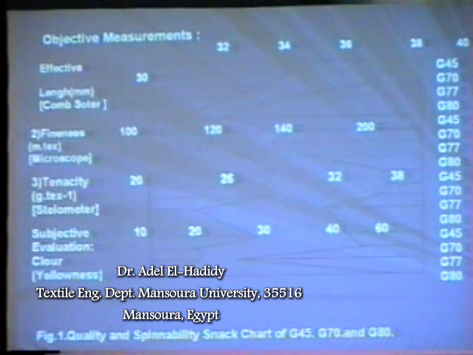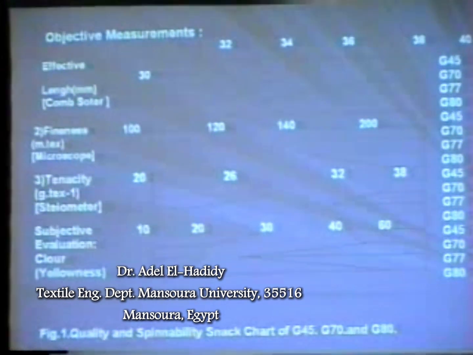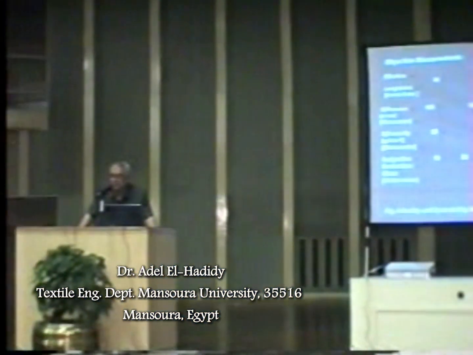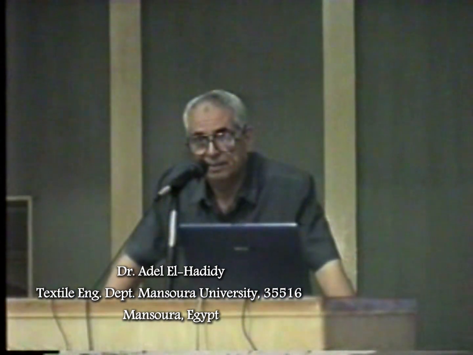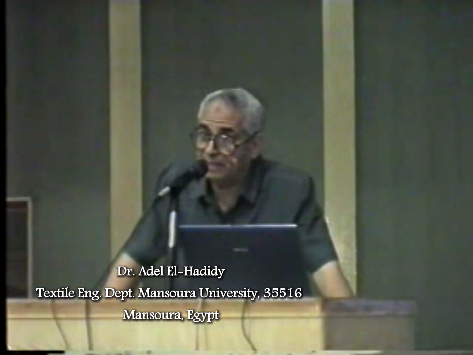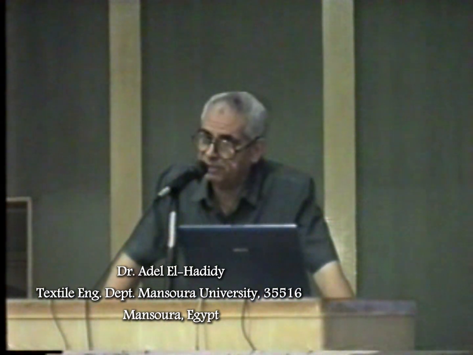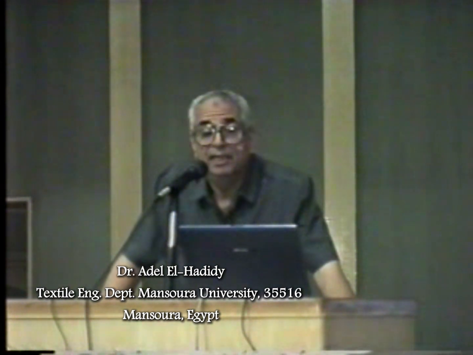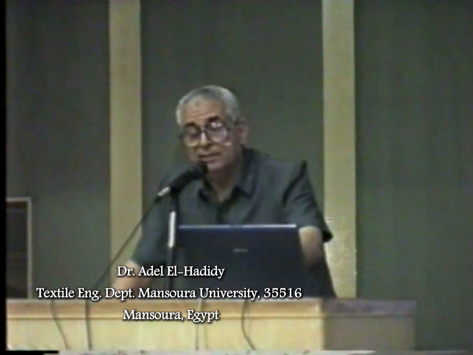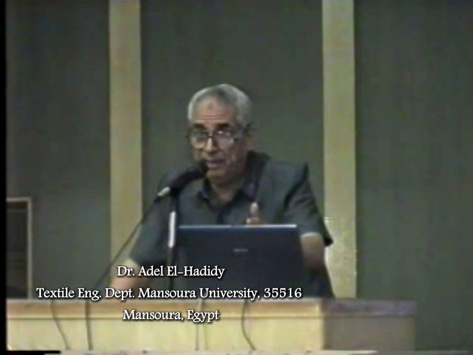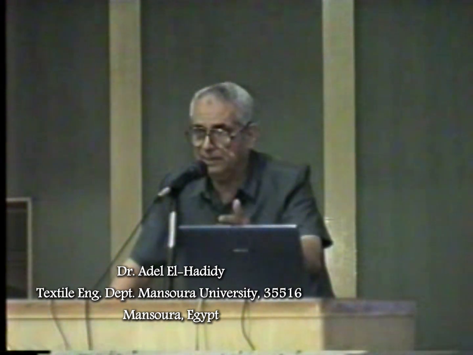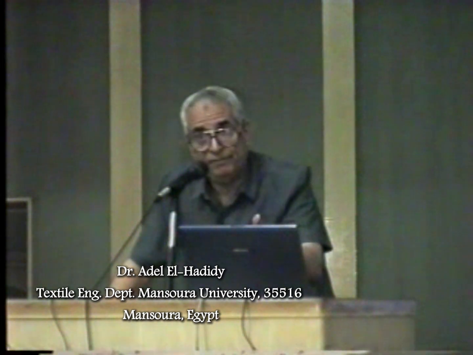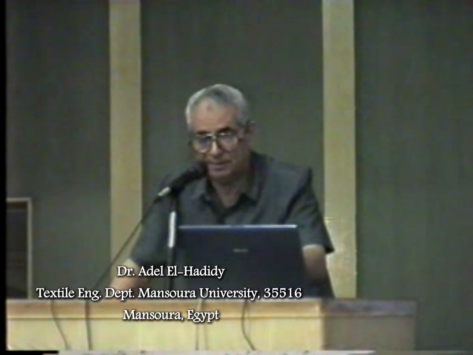It is sufficient for every spinner to just measure the property and plot it on this chart to find the information whether it is accepted or rejected. Why? Because every characteristic has limited values, a lower limit and an upper limit, as every control chart has.